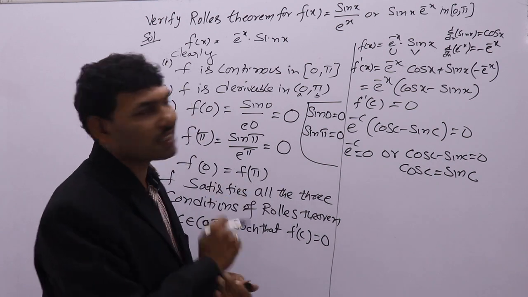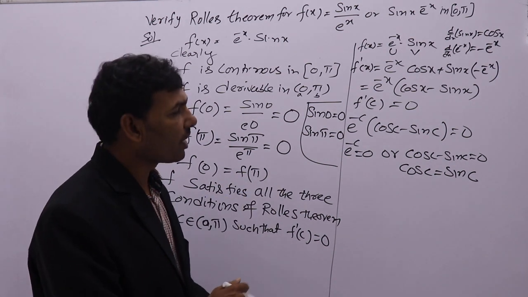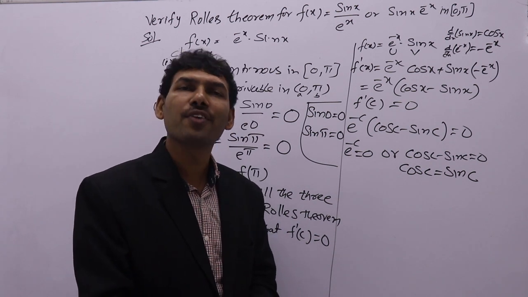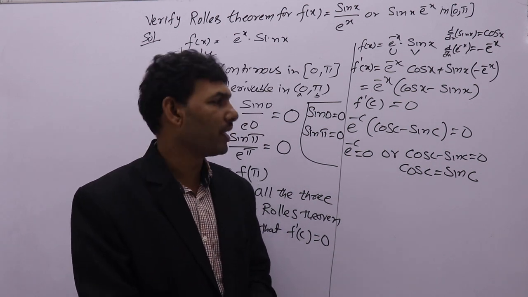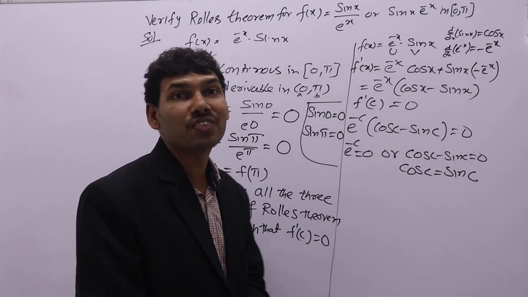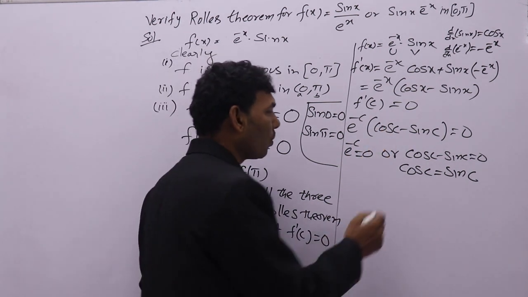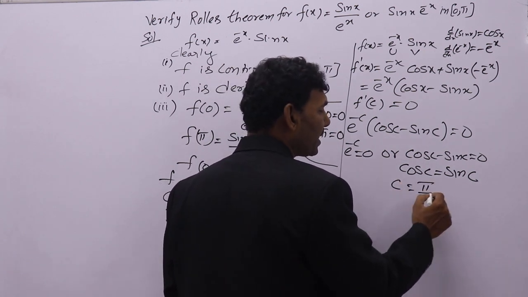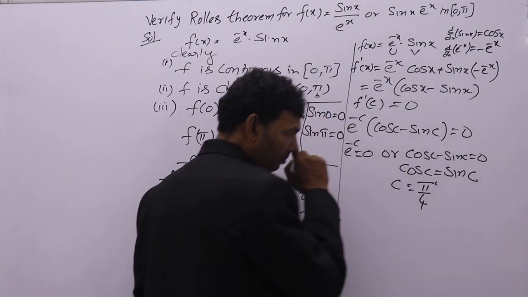When cos and sin are equal, you know very well, cos 45 is 1 by root 2, sin 45 is 1 by root 2. What does it mean? Whenever cos and sin are equal, their angle is 45 degrees. So here c should be 45. 45 degrees in radians we can write like this.